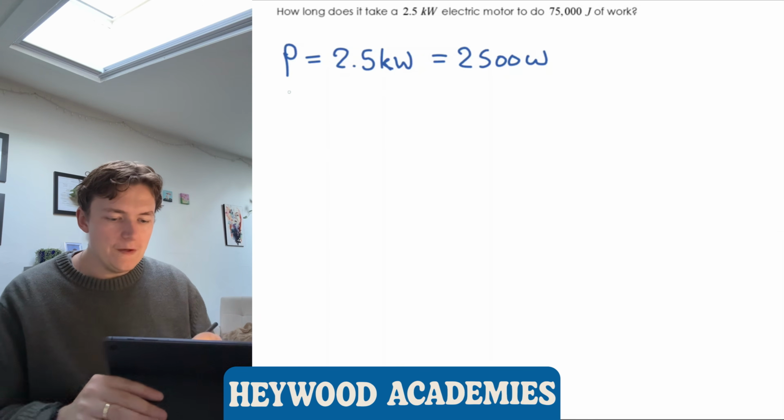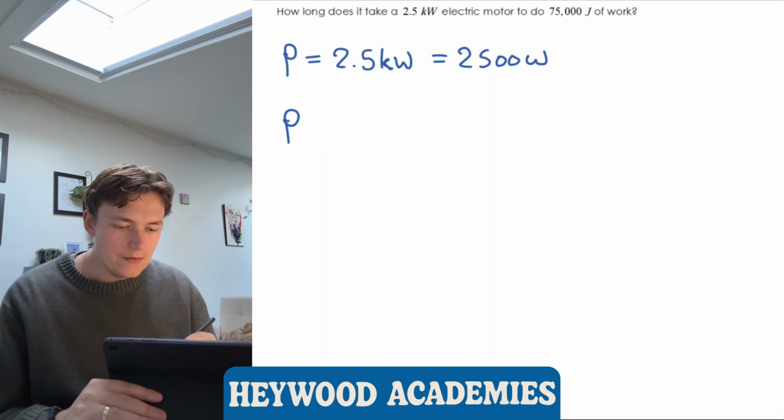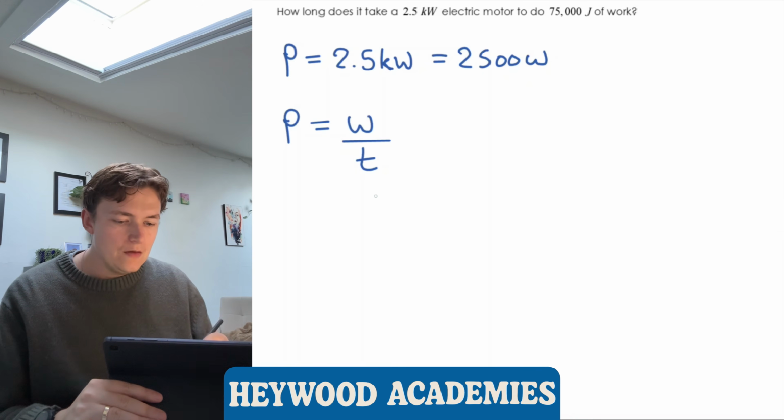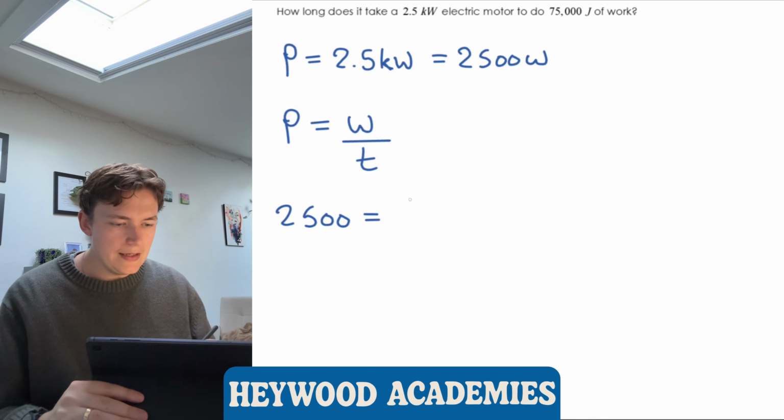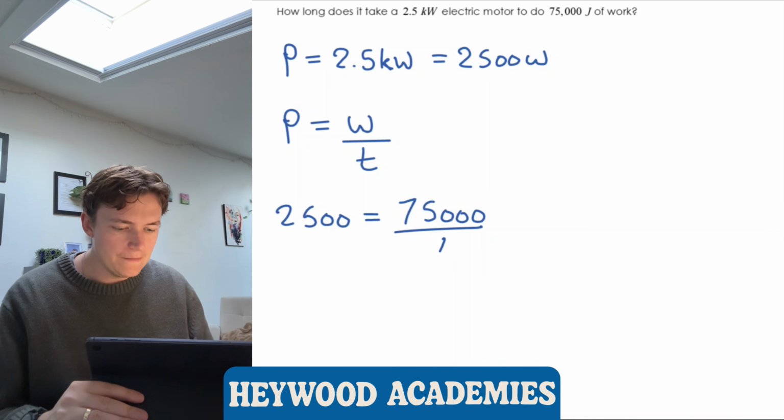And then we're trying to solve for time here, so let's go to our equation. Power is equal to work over time. So we've got the power as 2,500, the work as 75,000, and then the time is what we're trying to solve for.